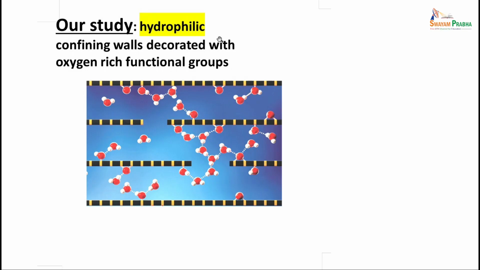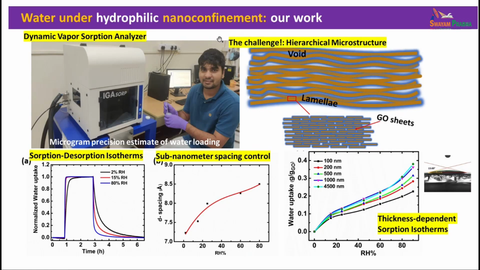So we looked at a very related problem, because this study was on repelling walls which don't like water. But we looked at walls of the same size which liked water, because they were decorated with oxygen-rich groups. And Vikas, who is here, you can see his picture. Also you can see him here.